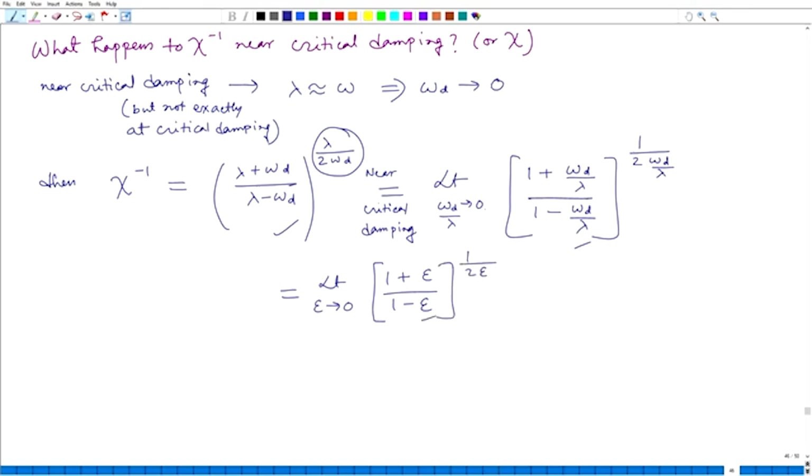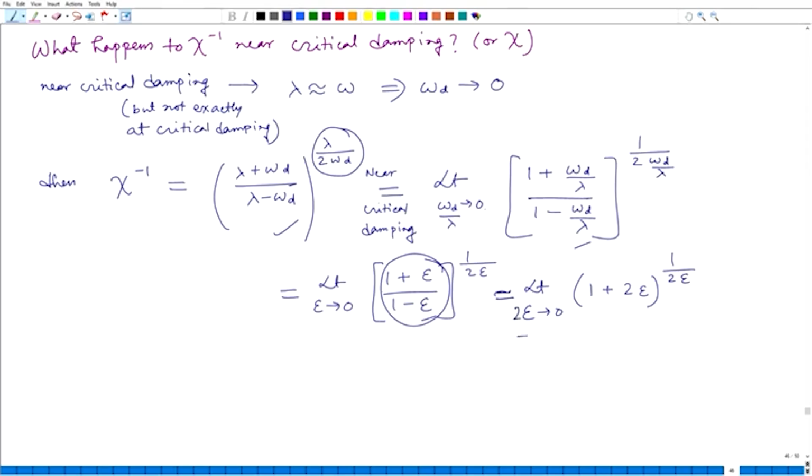Now, since epsilon is 0, then you can say this is reasonably 1 plus 2 epsilon almost whole to the power 1 by 2 epsilon. Okay. I can also write this as 2 epsilon is also tending to 0.